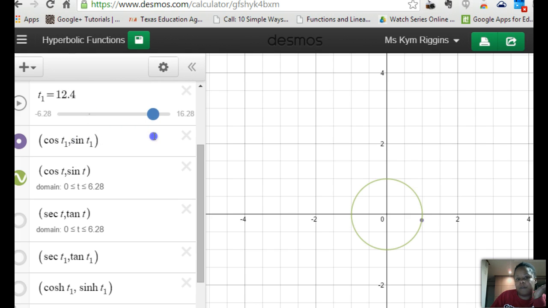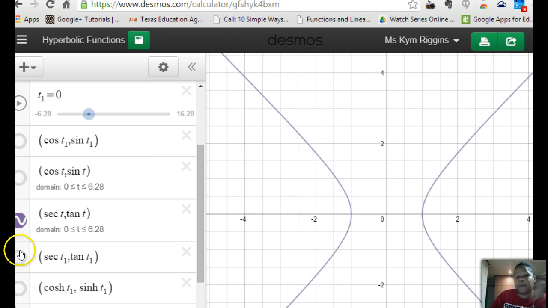And t can go from negative infinity to infinity, and it will keep representing this circle. And if we want to represent a hyperbola, we use secant and tangent. So as t goes from negative 2 pi to 2 pi, we can see that it travels along the hyperbolic branches, okay?